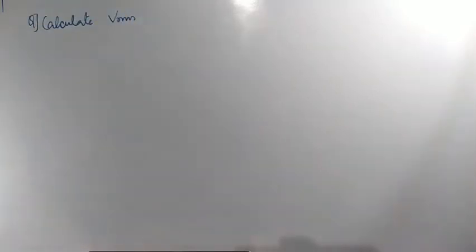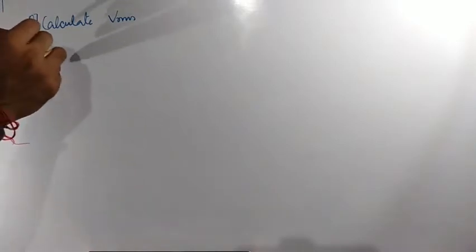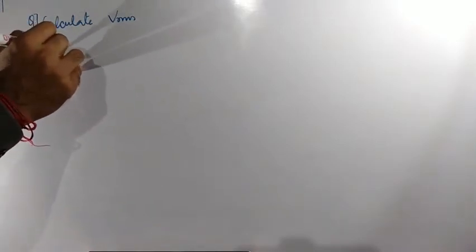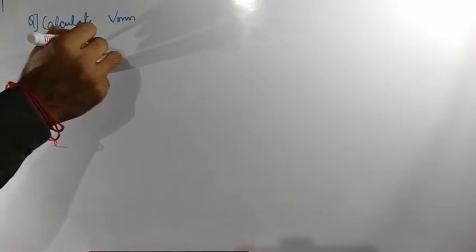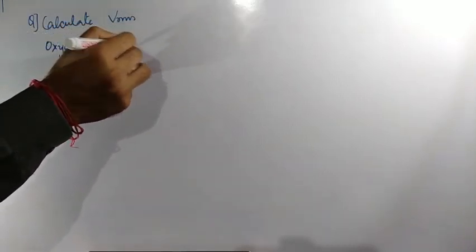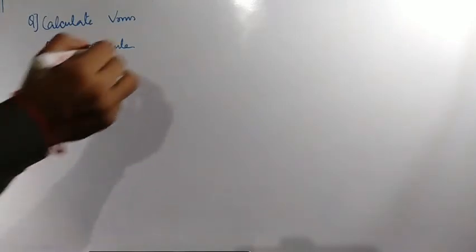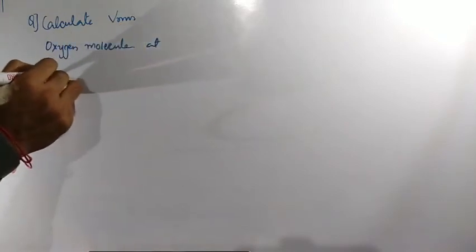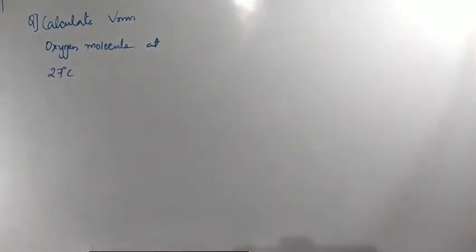Calculate VRMS of oxygen molecule at 27 degree Celsius. Atomic weight of oxygen is 16.